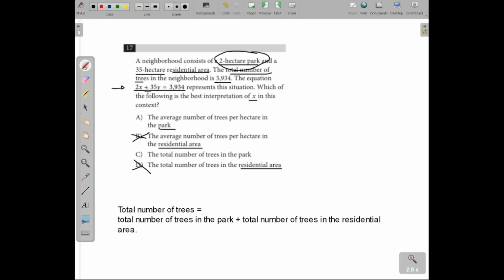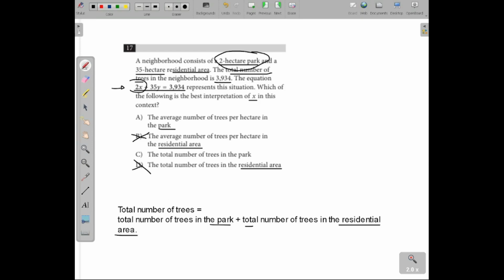Now, this equation gives us the total number of trees in the neighborhood, which we could say will be equal to the number of trees in the park plus the total number of trees in the residential area.